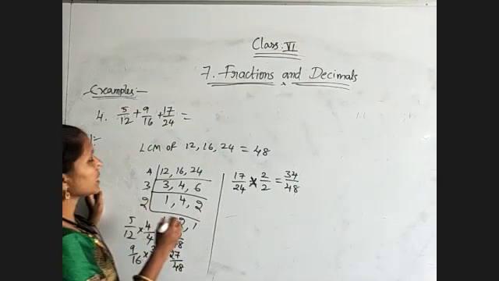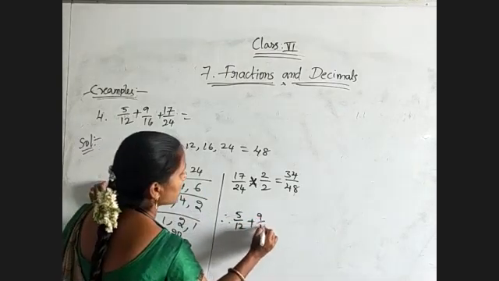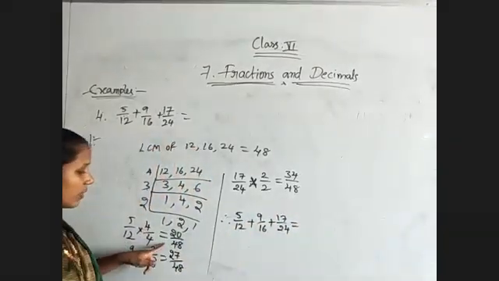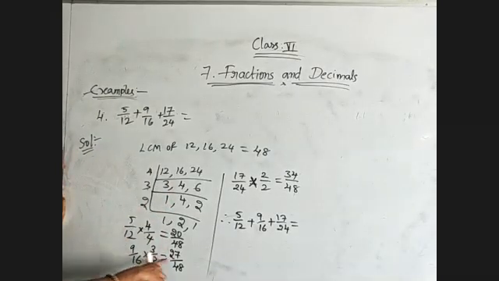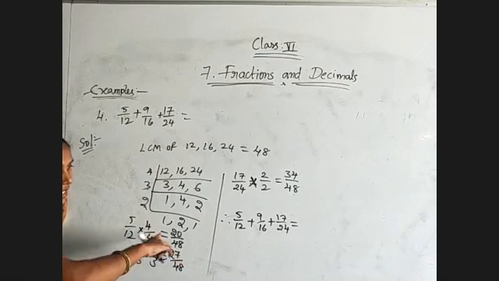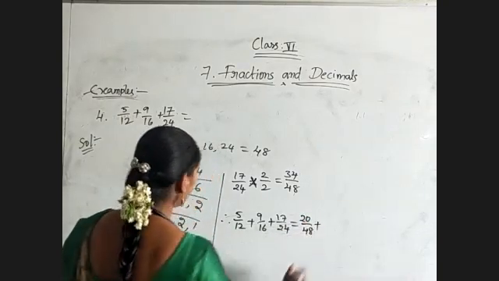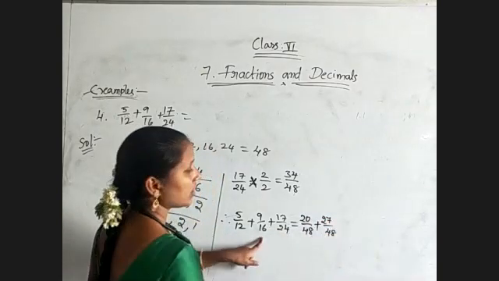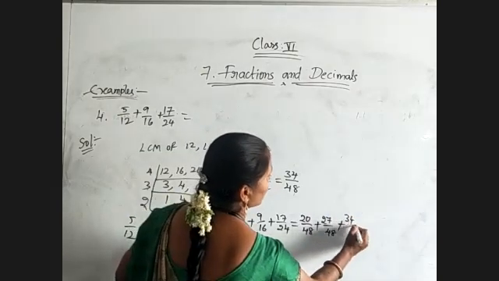Okay, now find the sum of the given fractions, that is 5 by 12 plus 9 by 16 plus 17 by 24. The equivalent fraction of 5 by 12 is 20 by 48, then 27 by 48, like that we are getting. All we get is 48 only. So just directly we can write the common denominator, otherwise write one step. 5 by 12 is nothing but 20 by 48 plus 27 by 48 for 9 by 16 plus, and the 17 by 24 value is 34 by 48.